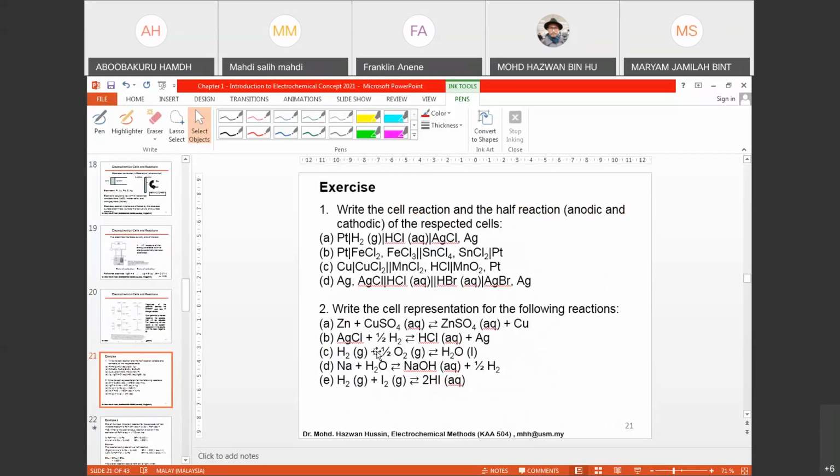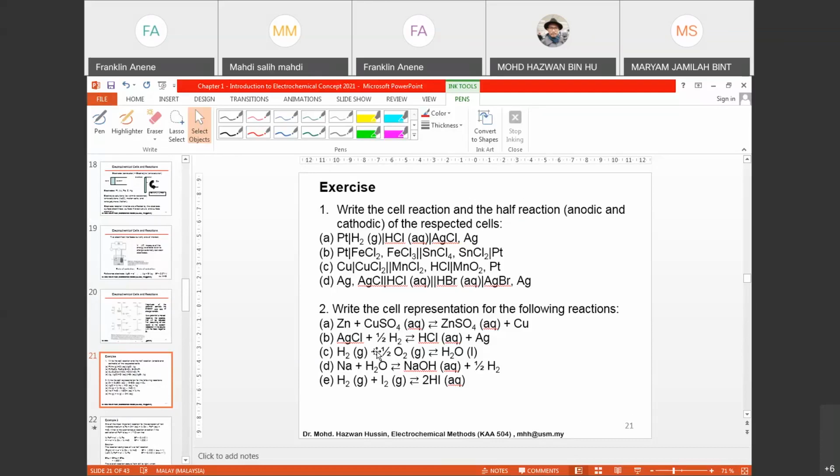All right. So all the while we have been talking about the cell notation, but we have not come to an example. As an exercise, maybe for the mixed mode students, you can do this as part of your homework. Exercise 1: write the cell reaction and the half reactions, anodic and cathodic, of the represented cell.